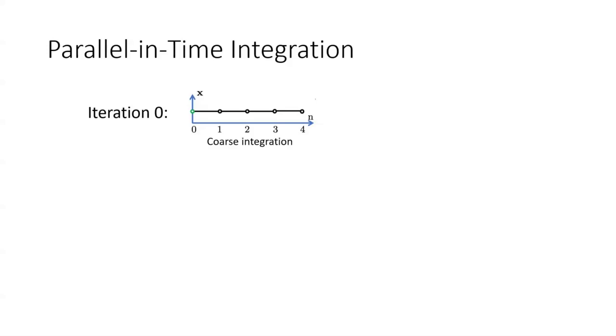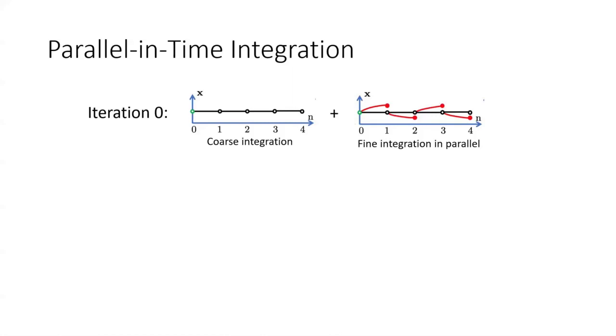Then you have estimates for initial points. Let's say you have 4 parallel cores on your machine, so you are able to run 4 parallel simulations. This coarse integrator gives you initial points for 4 slices of your integration. You start from those points, and then you run the actual computationally expensive physics engine, starting from those points in parallel.